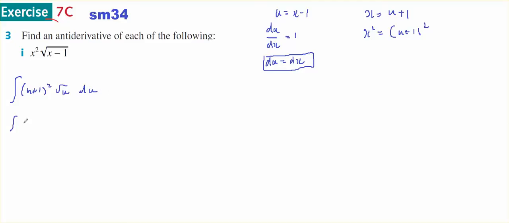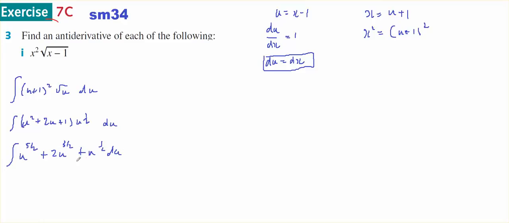The integral of (u squared plus 2u plus 1) times u to the half du. So the integral of u to the 2 plus the half is 5 on 2, plus 2u to the 1 plus the half is 3 on 2, plus u to the half du.